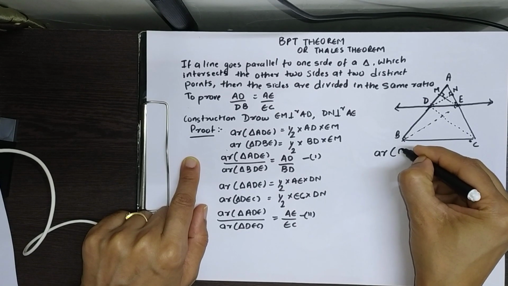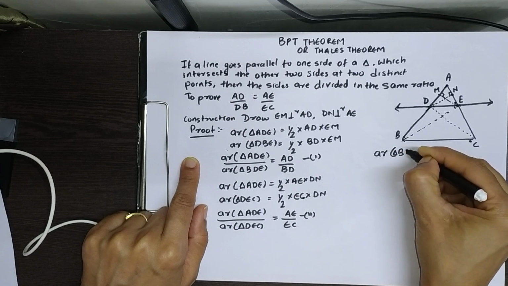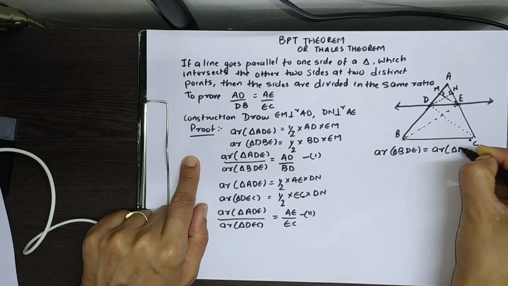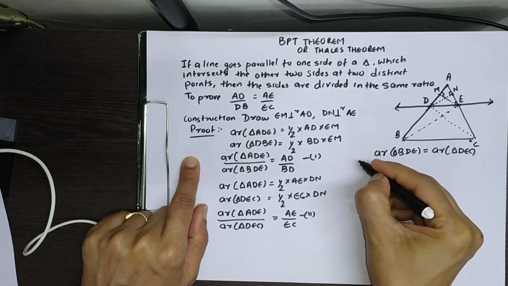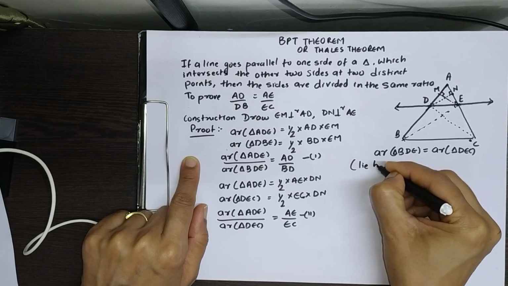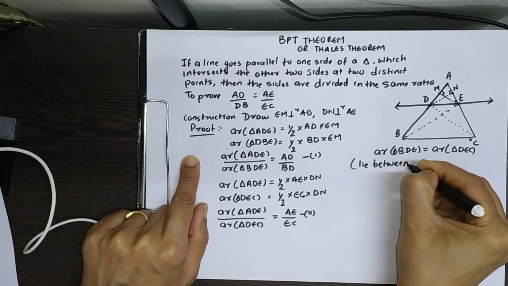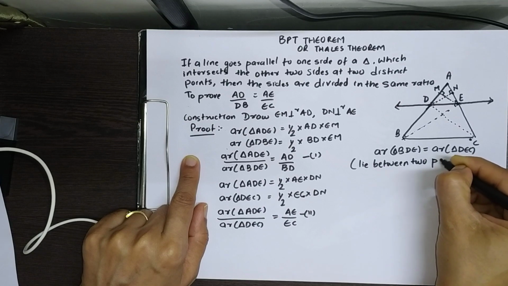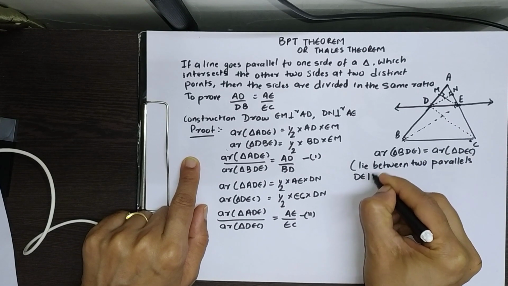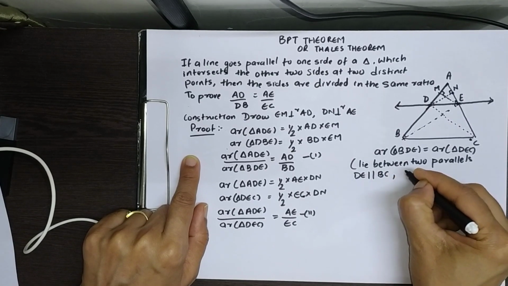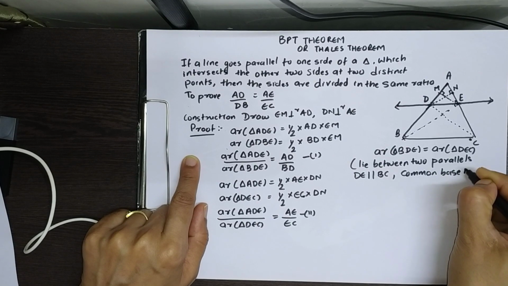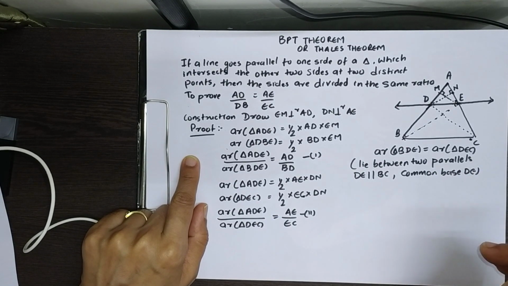So can I write down area of triangle BDE is equal to area of triangle DEC, and reason is because they lie between two parallels, and which are the two parallels? DE parallel to BC, and common base is DE. Okay, so the areas are equal.